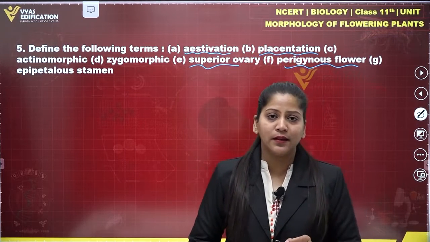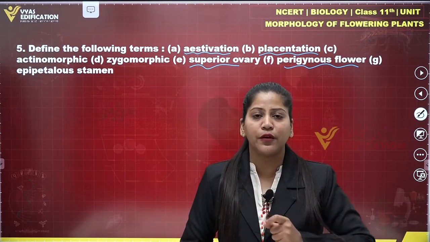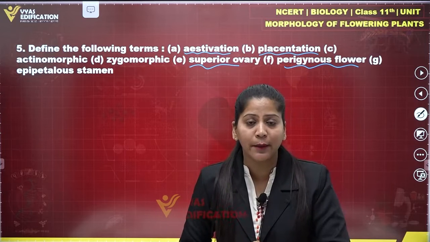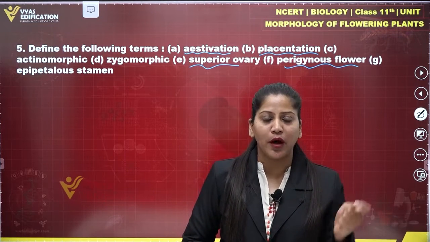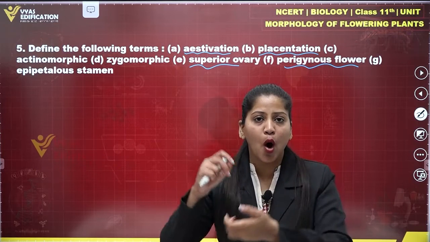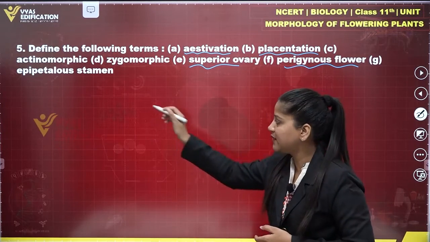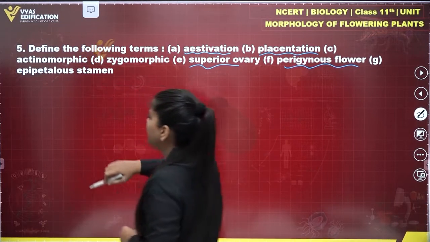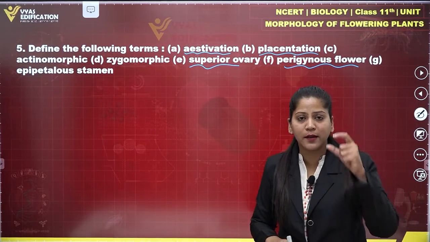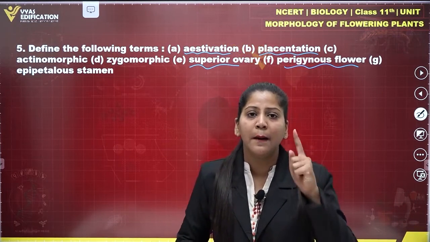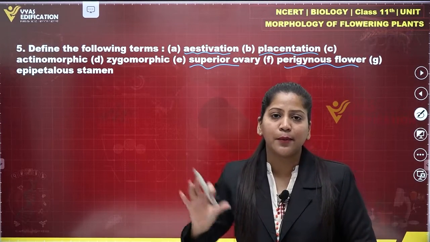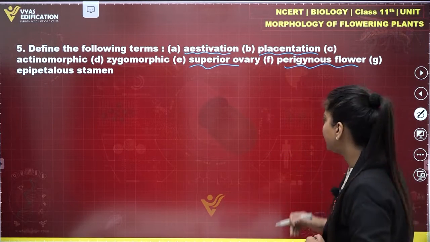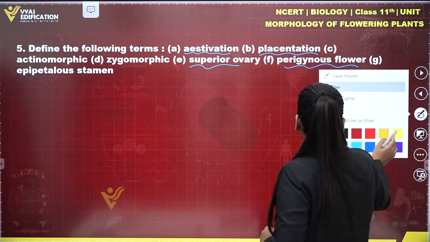Whenever the filament, the stalk-like structure which is a part of the male reproductive organ, is attached to the petals, then the condition of the flower is said to be epipetalous stamen, because the part of the stamen is lying on the petal of the flower. Now let's write the answer of this question.